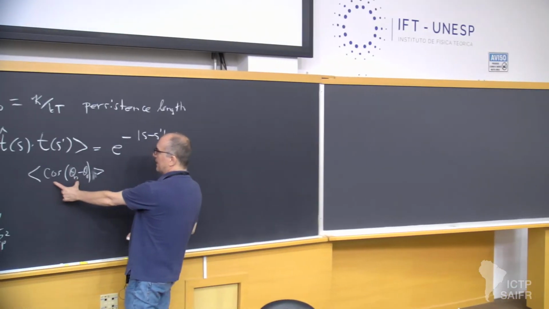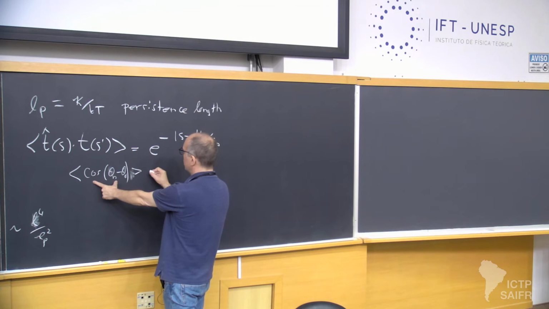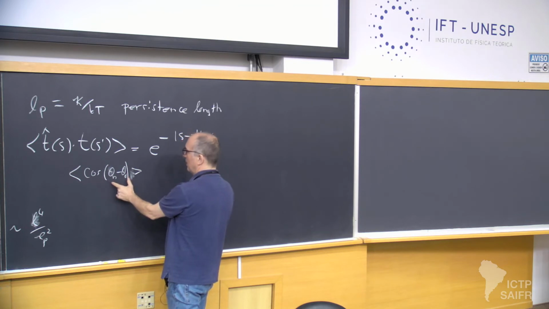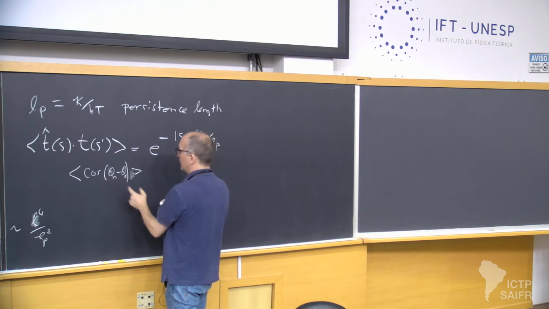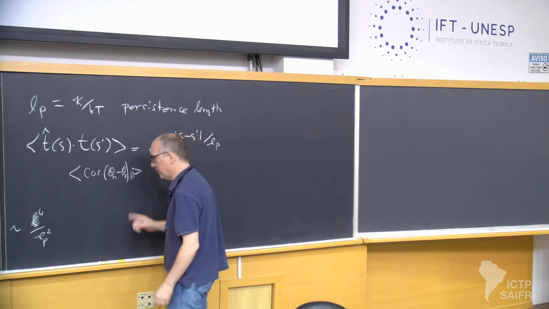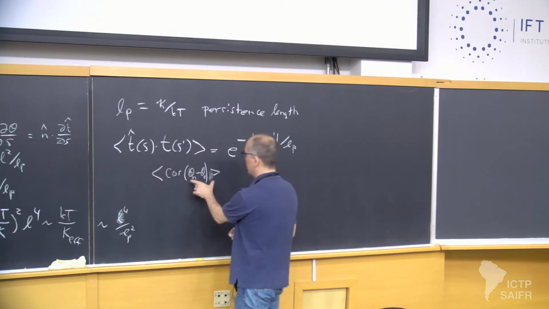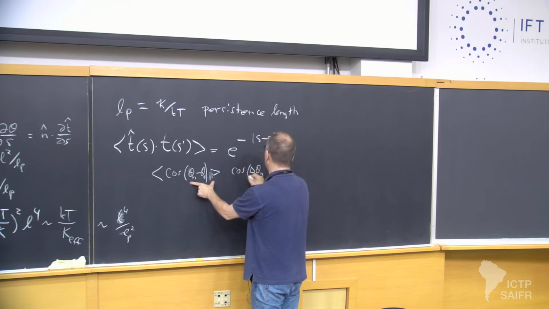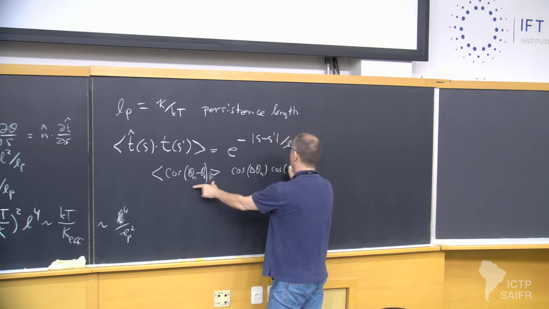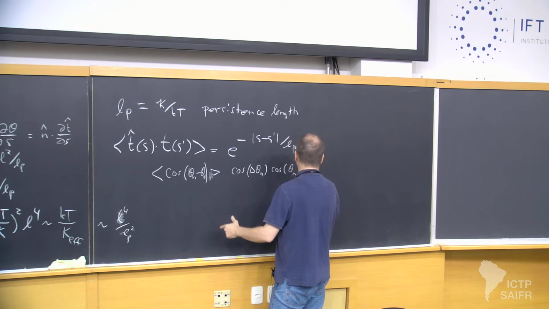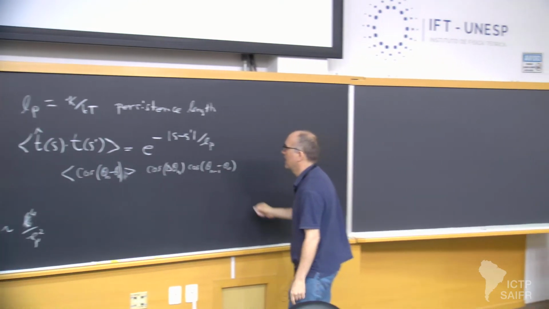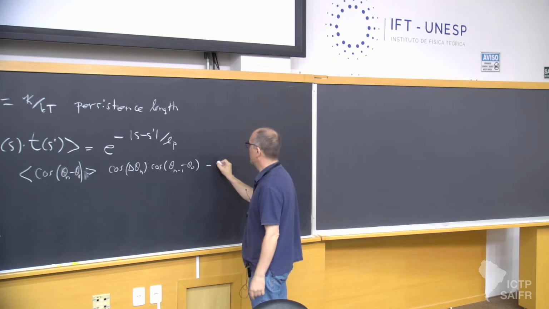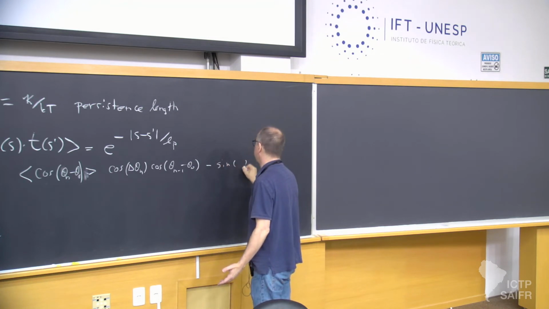Now I can just use trigonometric identities to say, the cosine of theta n minus theta 0 is the cosine of delta theta n times the cosine of theta n minus 1 minus theta 0, minus the corresponding sine expressions.